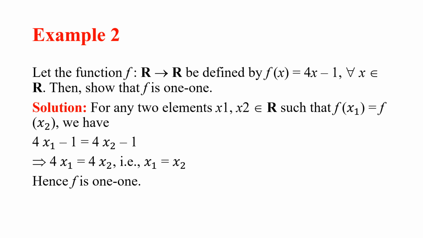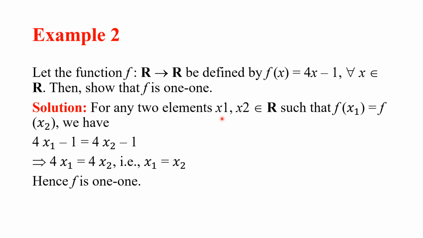So example 2. Let the function f from R to R be defined by f(x) = 4x - 1 for all x which belongs to R. Then show that f is 1 to 1. So how do I prove this? Whenever you want to prove something like this, you just take a sample of two elements, randomly picked.